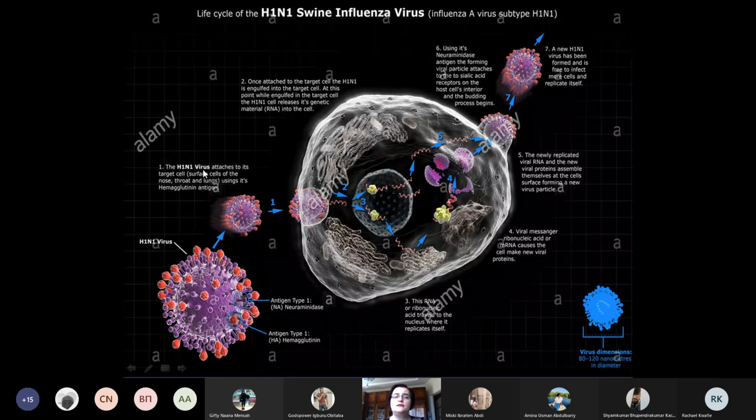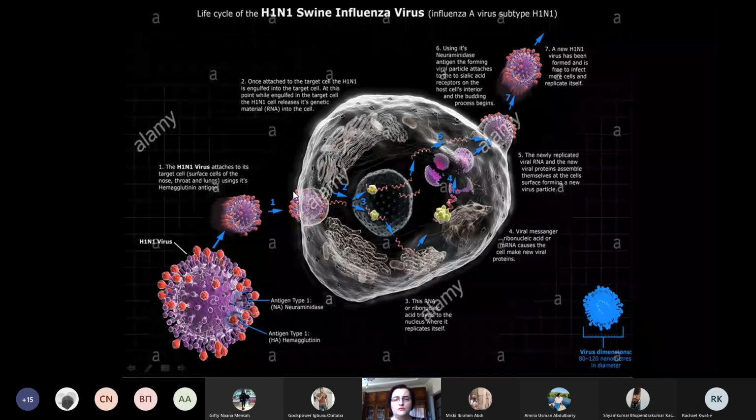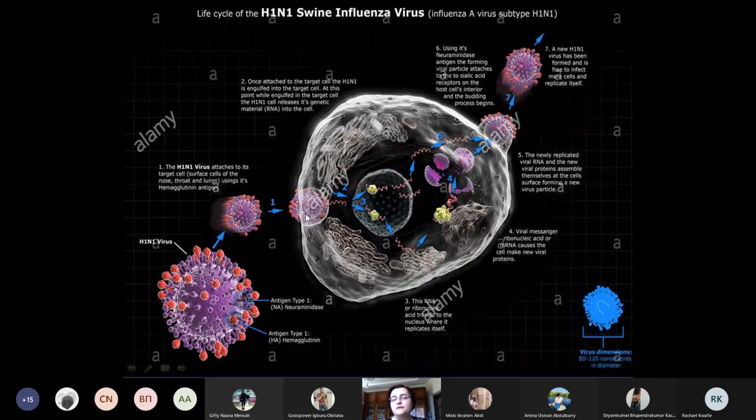The influenza virus attaches to its target cells, the mucosal epithelial cells of the upper respiratory tract, the nose, throat, or lungs, using its hemagglutinin antigen. Once attached to the target cells, the influenza virus is engulfed into the target cell.